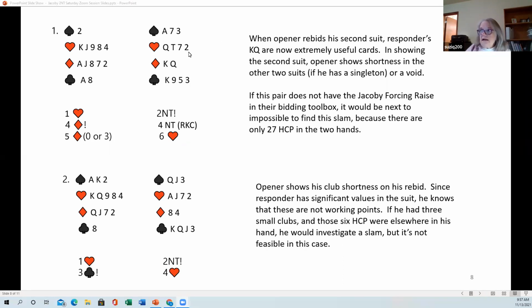It's balanced, and I have 4 card trump support for my partner. This is a perfect 2 no trump response. That's the key: 4 card trump support and opening points. Okay, thank you. Yes, absolutely. 4 card trump support and an opening hand.